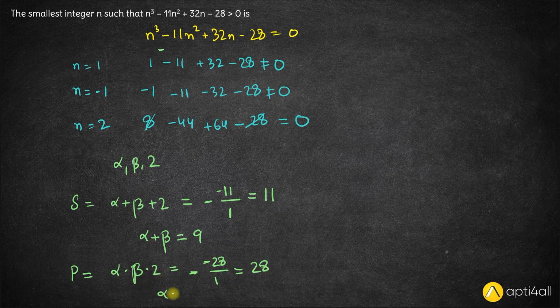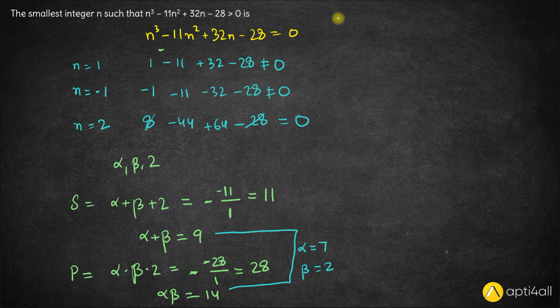From here we get alpha into beta is 28 by 2, 14. Now can you think of 2 numbers for which the sum is 9 and the product is 14? Definitely the numbers are 7 and 2 in any order, right? So the 3 roots of this equation are 7, 2 and 2. Basically one root is repeated, 2 and 2.